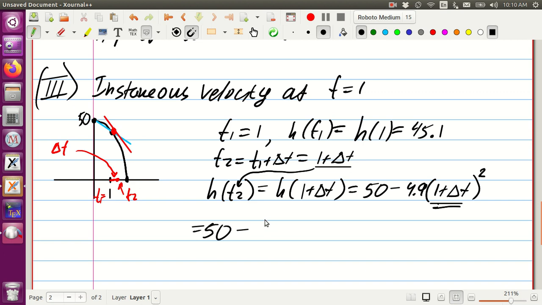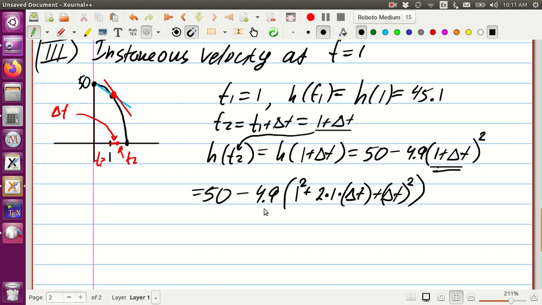So it's going to be 50 minus 4.9. Then we use not the quadratic formula, but the formula for the square of a sum. So it's going to be the first one squared plus 2 times the first one times the second one plus the second one squared. Again, this famous formula.